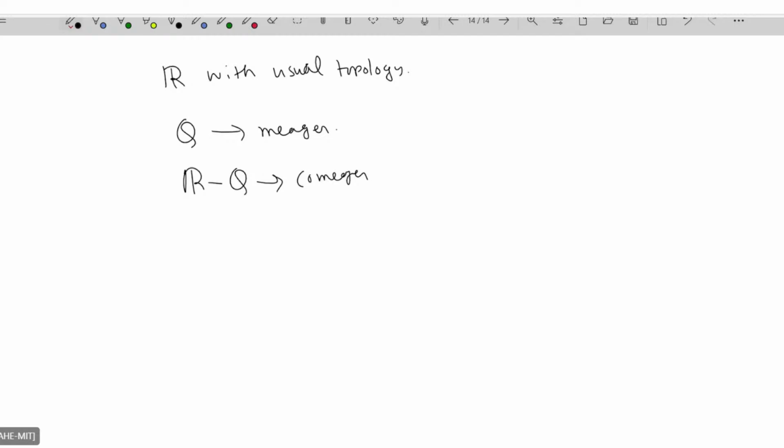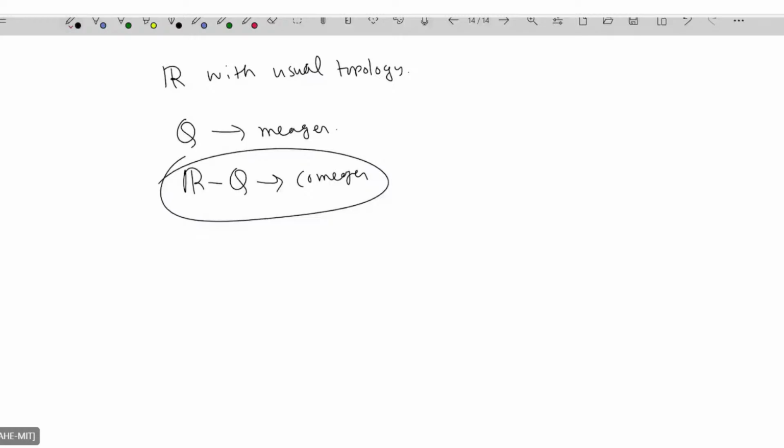We will see that we need a theorem which will say that if it satisfies this property, then it will be like this. Because R will be a set of second category, because of that R minus Q will be non-meager. It's a set of second category. We'll prove it after some time. At least we can say it's dense.